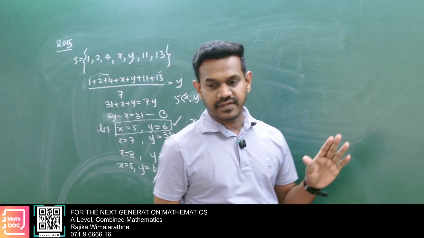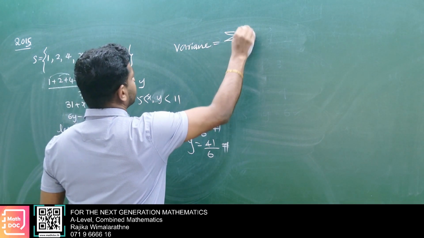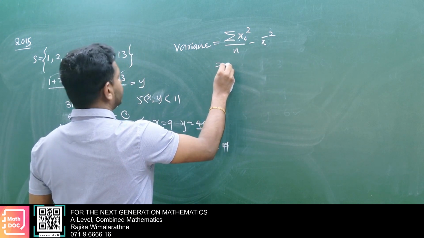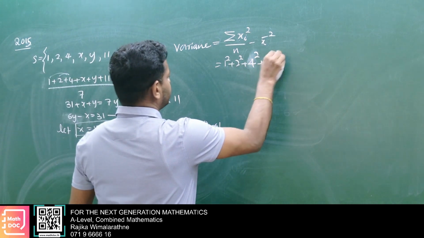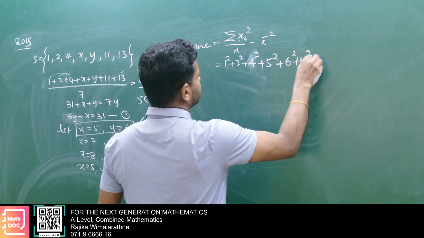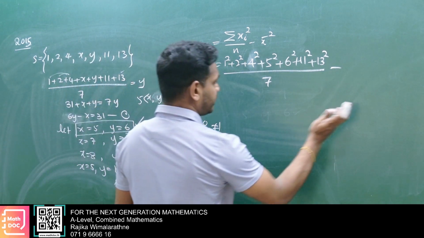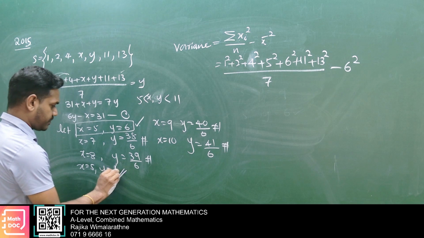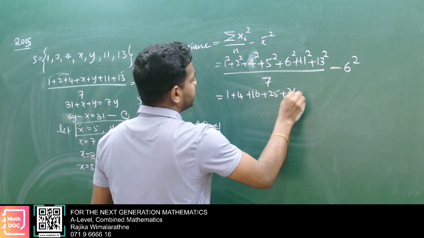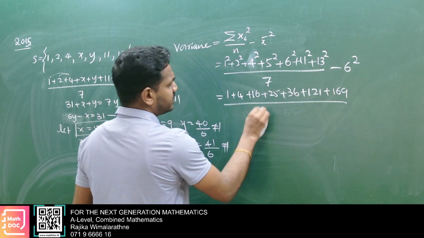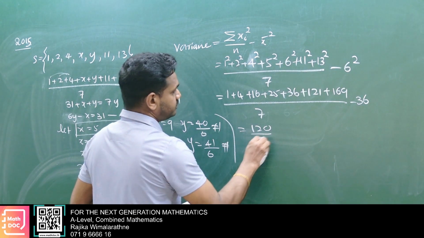So we take the direct formula for variance: sigma xi squared divided by n, minus x bar squared. With 1 squared, 2 squared, 4 squared, 5 squared, 6 squared, 11 squared, 13 squared over 7, minus the mean 6 squared. Simplify: 1, 4, 16, 25, 36, 121, 169 over 7, minus 36, which gives 120 divided by 7.